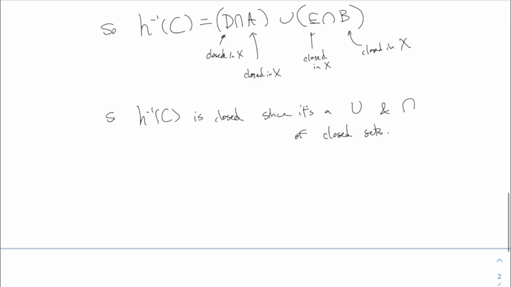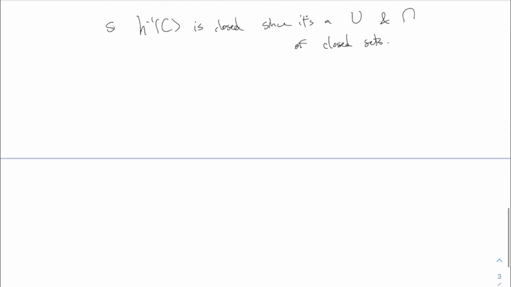It's the next section in the book. This was all about continuous functions. As I said last time, maybe, or the time before, one of the major reasons for talking about functions at all is that using functions is the proper way to say what it means that 2 topological spaces are the same.